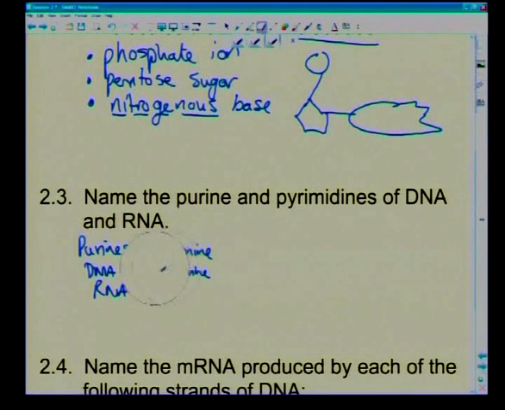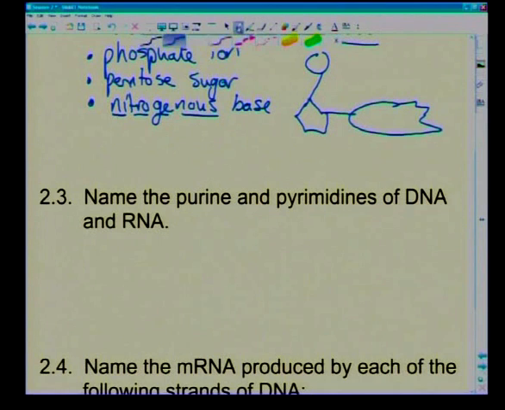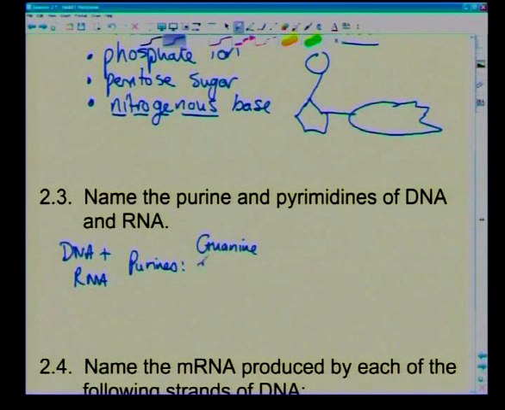Am I being silly here? Let's just do this again. You see, you need to focus. We would say in DNA and RNA, purines. And the purines would be guanine and adenine.